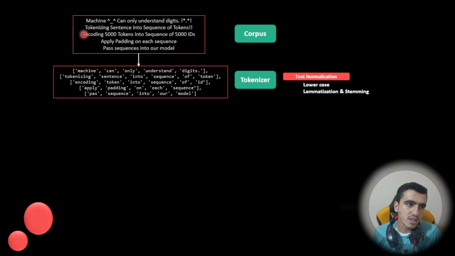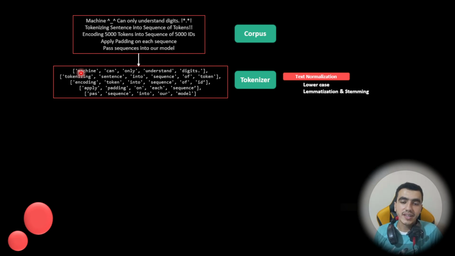For example, here, if a good tokenizer is applied, tokenizing should become just token, and we should truncate the ending of this word. That is what stemming and lemmatization work on.